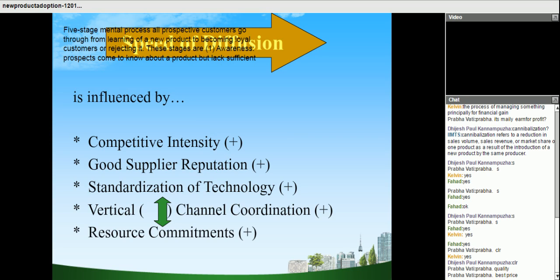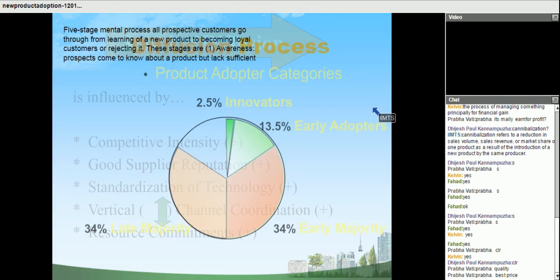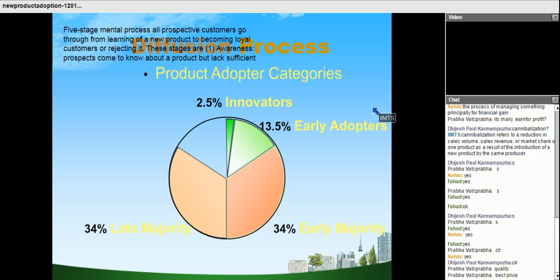Now, speed of diffusion is influenced by competitive intensity, good supplier reputation, standardization of technology, vertical channel coordination, resource commitments, etc. You can see this pie chart, diffusion process.